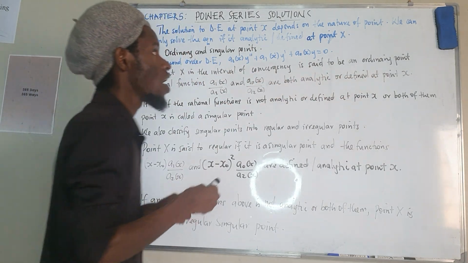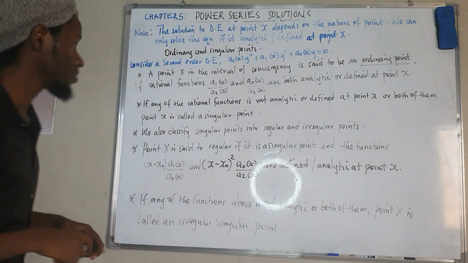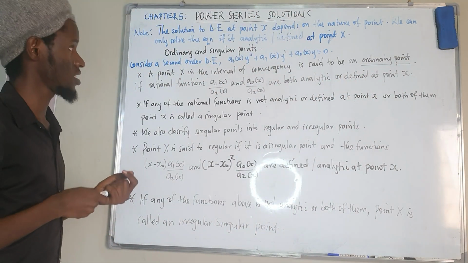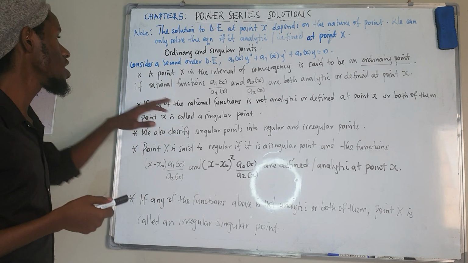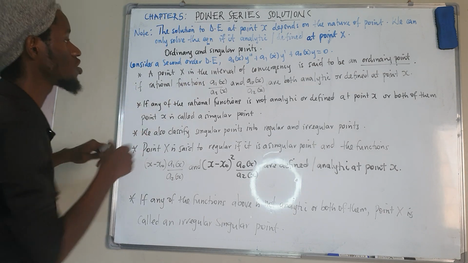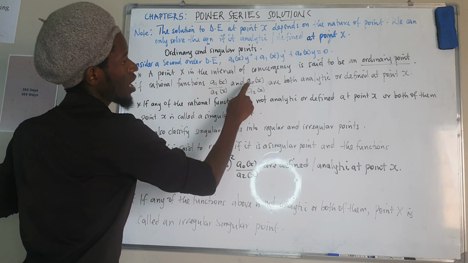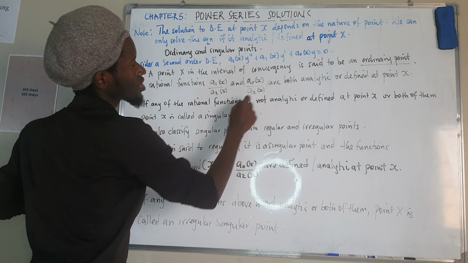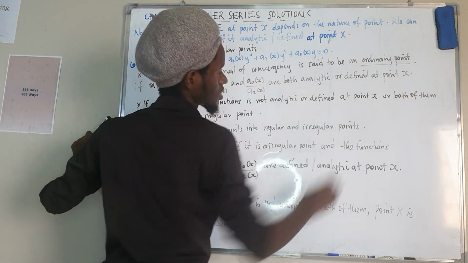Remember, we're finding an ordinary point. A point x in the interval of convergence is said to be an ordinary point if the rational functions a1(x) over a2(x) and a0(x) over a2(x) are both analytic or defined at this point x.